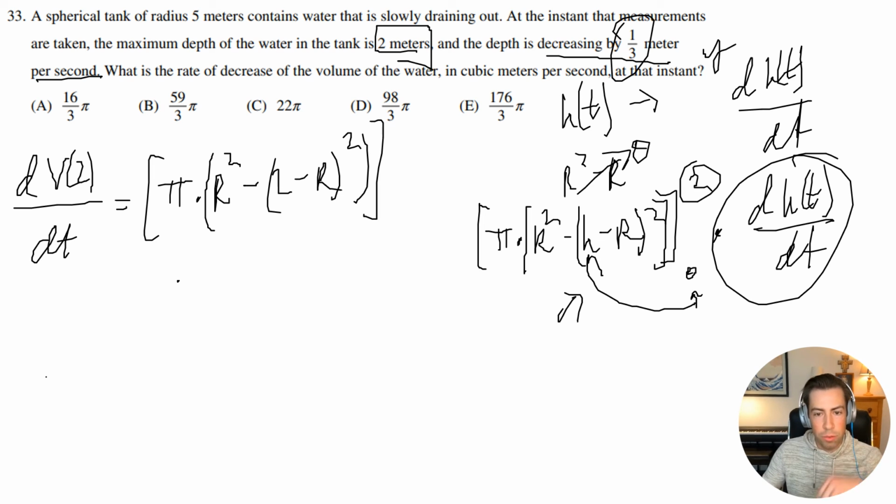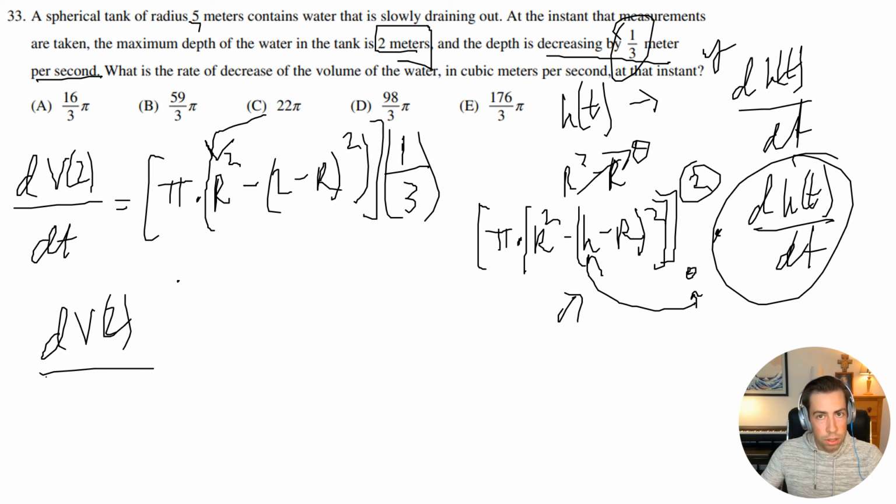Look, it says it's decreasing at 1/3 meters per second. Okay, so this is just going to be 1/3. Thankfully now I know that r is just a constant, right? That's just what the radius was, what we defined. So in this case, it's going to be 5, and now let's just plug and chug.